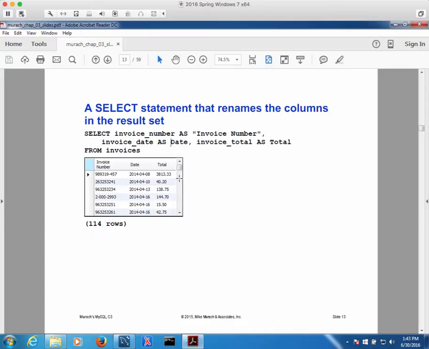Here's a select that renames the columns in a result set. So we had seen that we could use the as option to name a column that we were creating from a calculation. Well, you can use as on any column, and a common use for it is to give it a prettier column title than the proper column name. So here we've used invoice number spelled out, date and total.